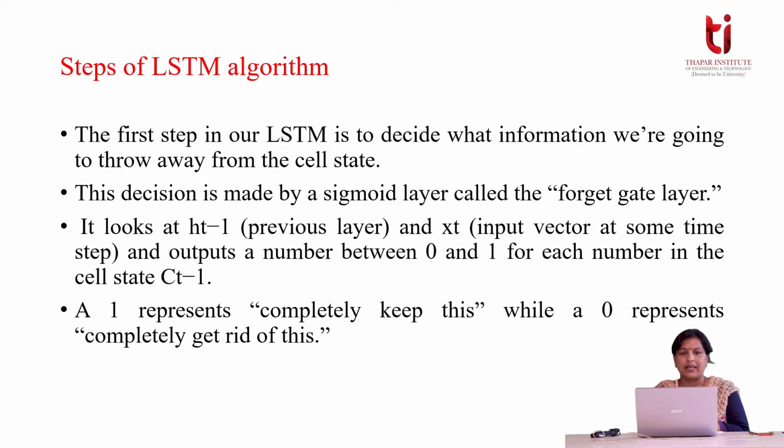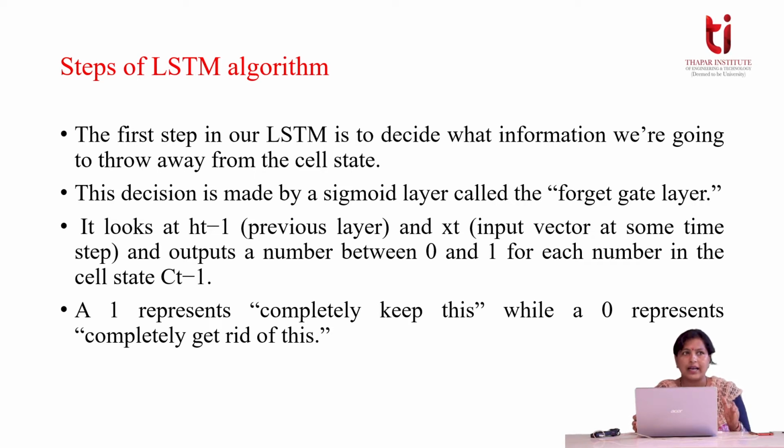Here are the steps of the LSTM algorithm by which it works in the power prediction model. The first step in our LSTM is to decide what information we are going to throw away from the cell state. This decision is made by a sigmoid layer called the forget gate layer.